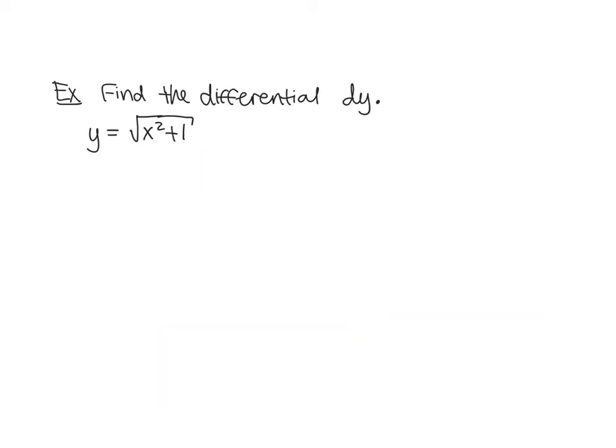This example says find the differential dy, and we're given that y equals the square root of x squared plus 1. Now recall the definition of the differential. dy equals dy dx times dx. So first we're going to find dy dx, so the derivative.